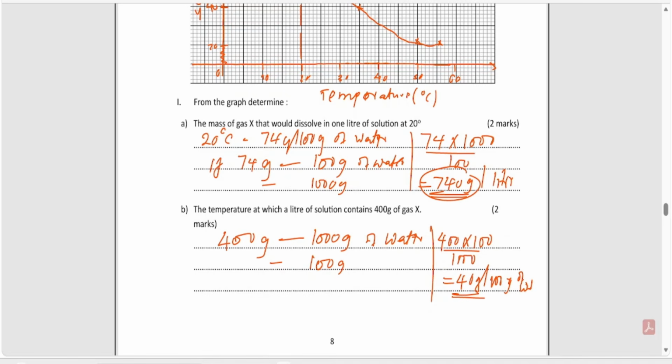Once I've determined the solubility, I read from the graph the temperature.